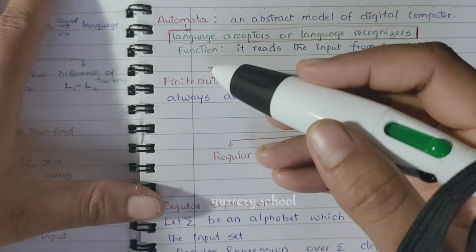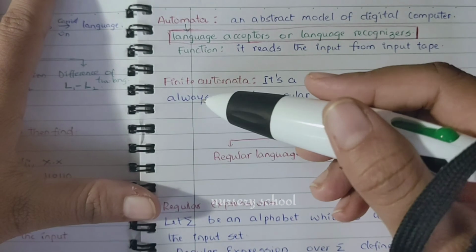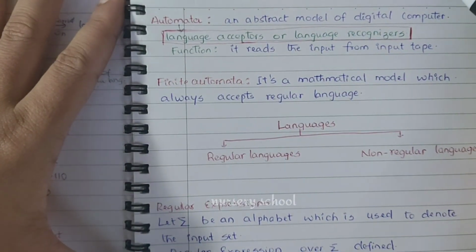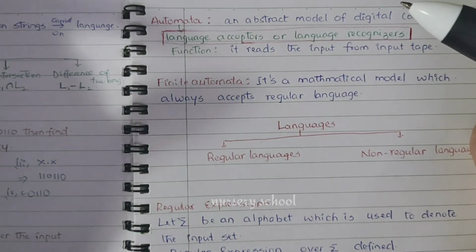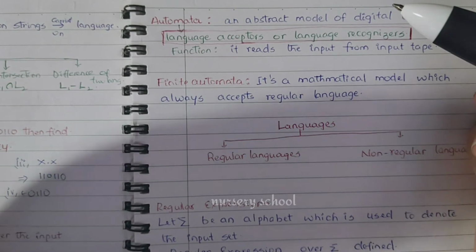We have different automata. From that, first we will discuss finite automata. What do you mean by finite automata? It's a mathematical model which accepts a regular language. Here we are using technical terms, a technical definition.